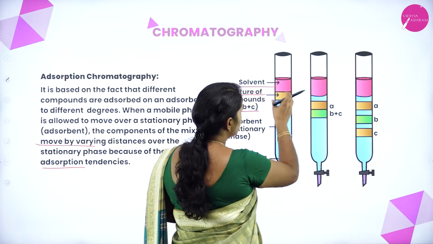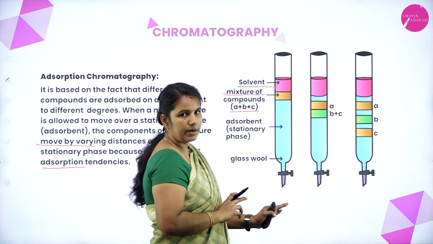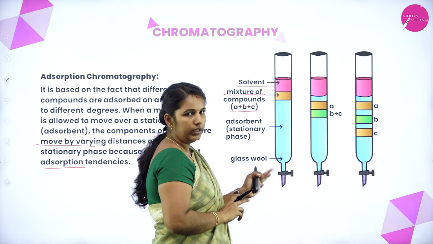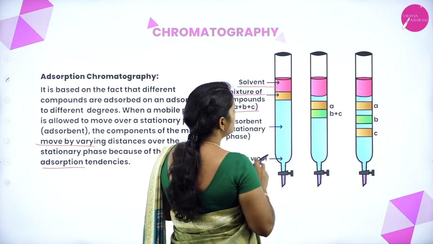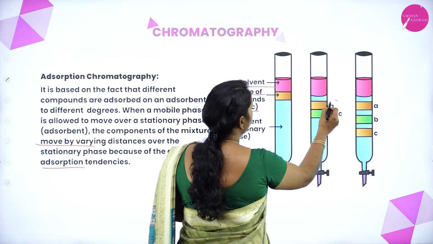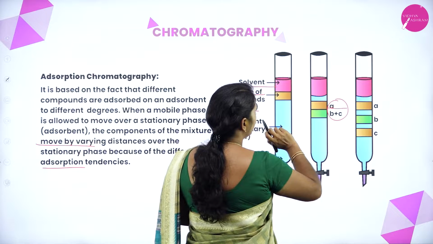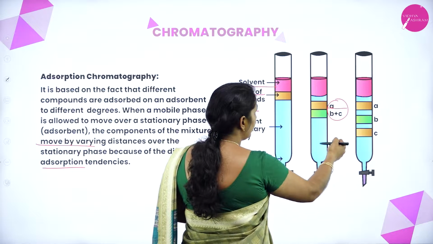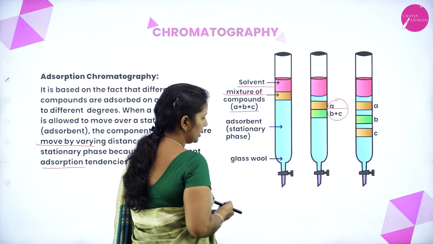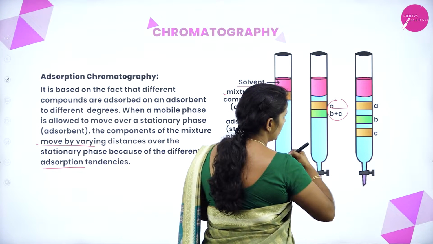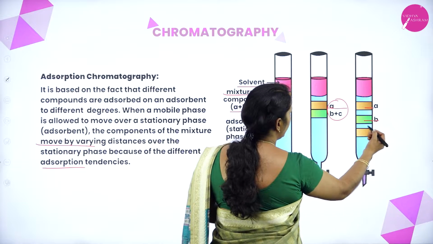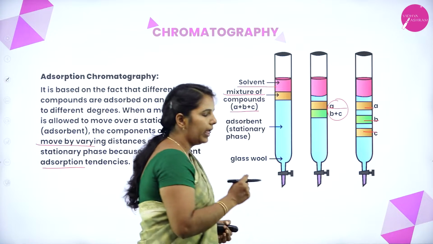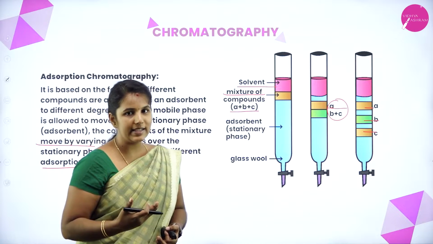Here, when you start running this entire mixture with the solvent over the stationary phase, the mixture will get separated, starting with A. Then it moves down the stationary phase. As we move down, the components A, B and C get adsorbed at different tendencies.